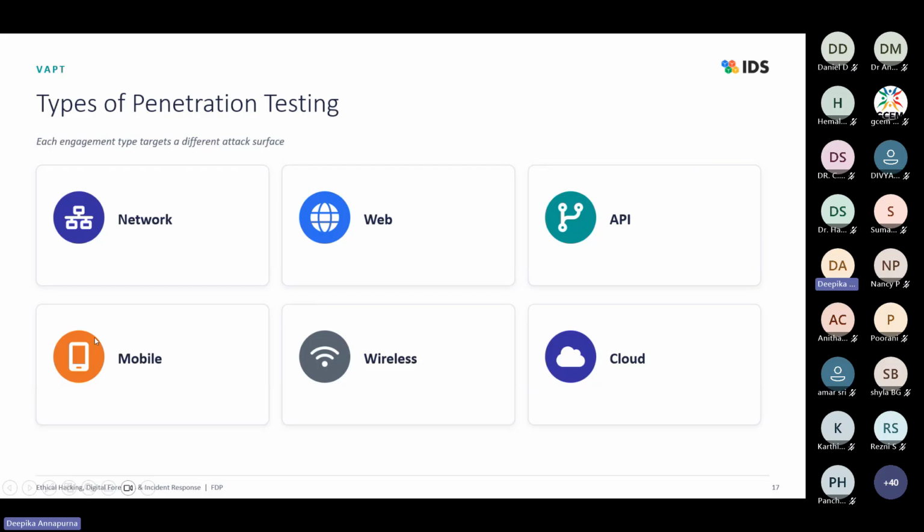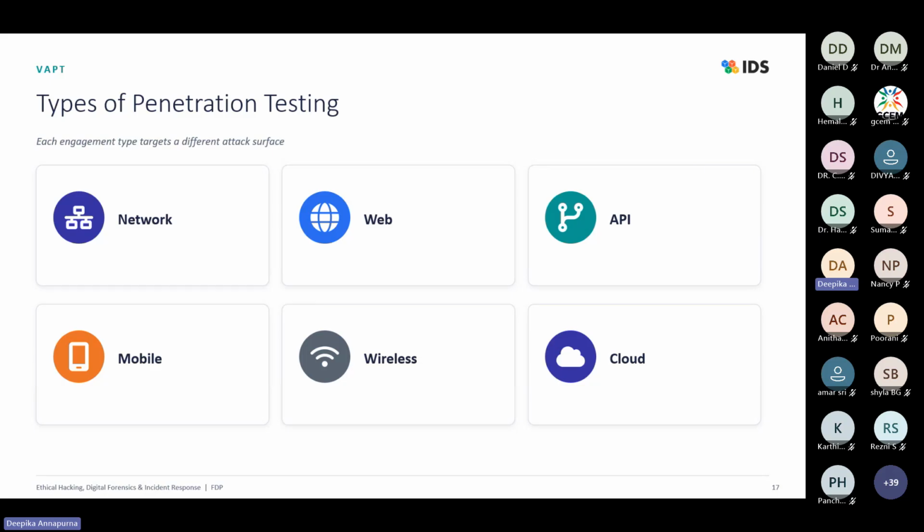The next one is the mobile application testing. It will examine Android and iOS mobiles. So what will it have? Data storage, your photos, everything will be tested throughout, right? And the next one is the wireless penetration testing, like Wi-Fi security. The next one is the cloud penetration testing.